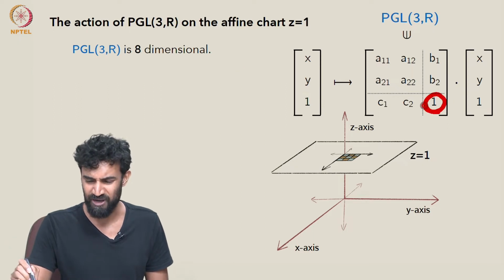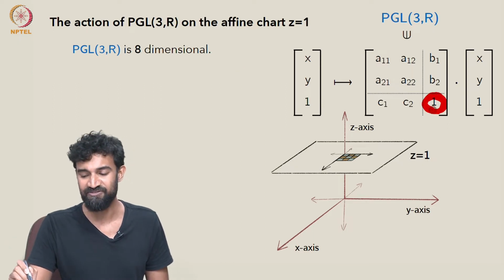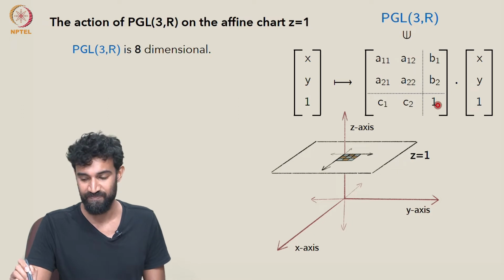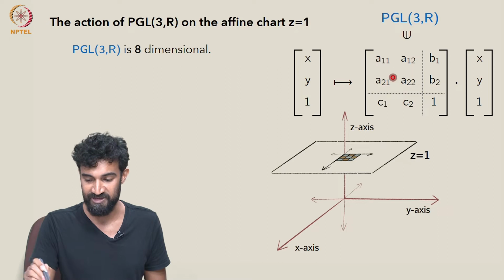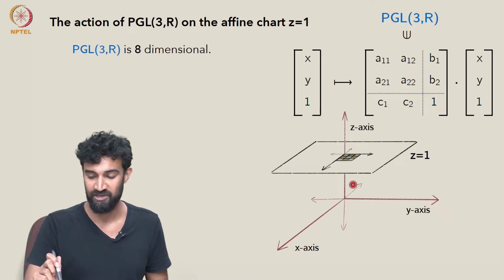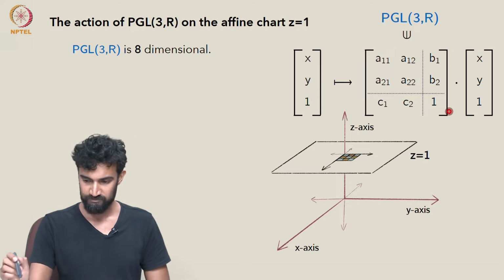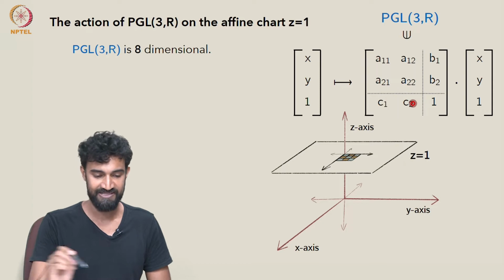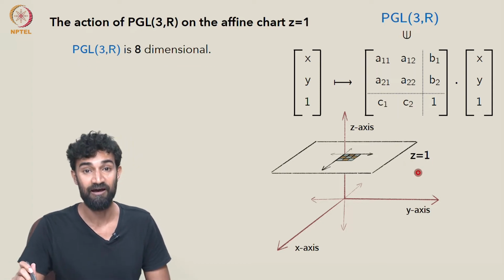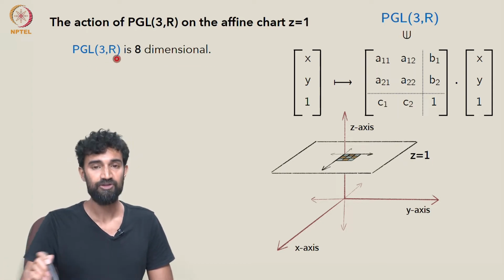And that's why I'm putting a 1 here, just to signify that that entry is not free. That matrix entry is not free. But the rest are all free entries. They can range over all of the real numbers. So there's really 1, 2, 3, 4, 5, 6, 7, 8. 8 dimensions of freedom in PGL3R.